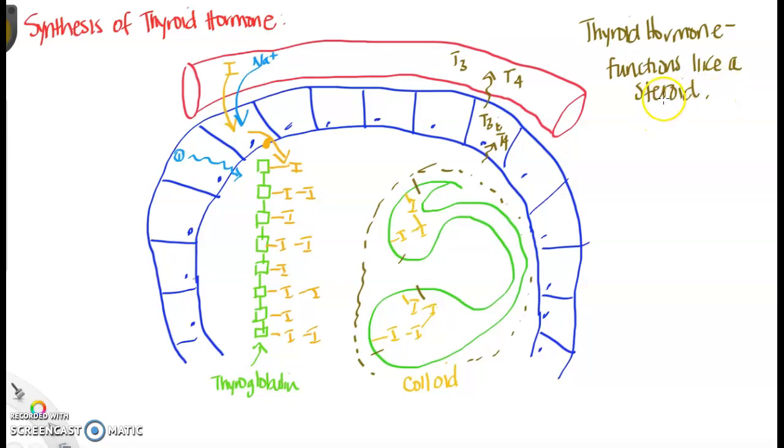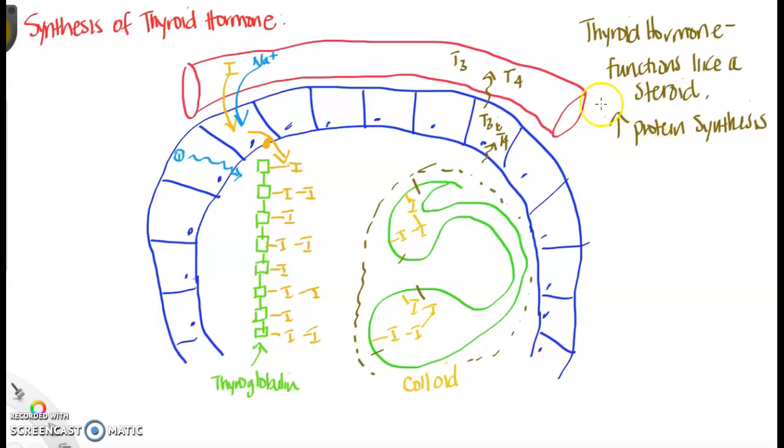So that means it's going to enter the cell. It's not going to have a receptor on the outside of the cell. Its receptor is going to be on the inside of the cell. It also means it is going to increase protein synthesis because that's what steroid hormones do.